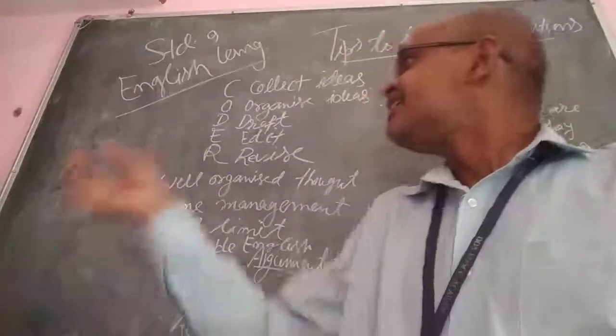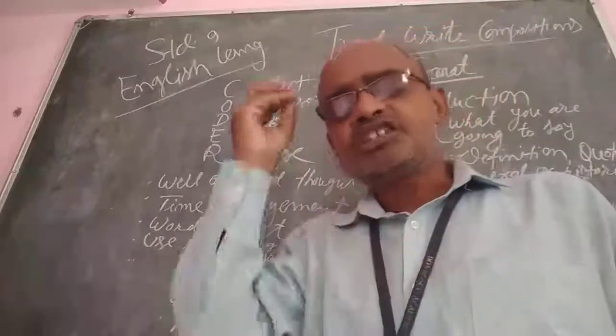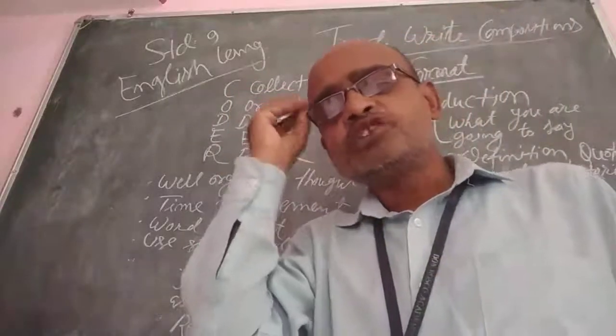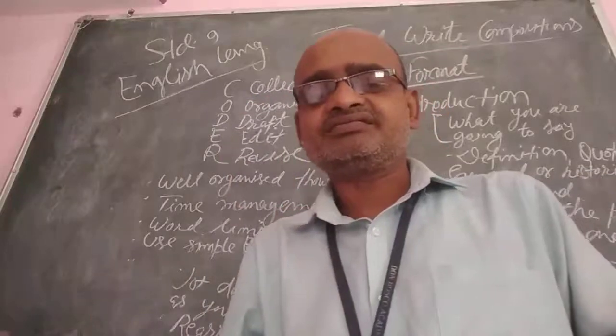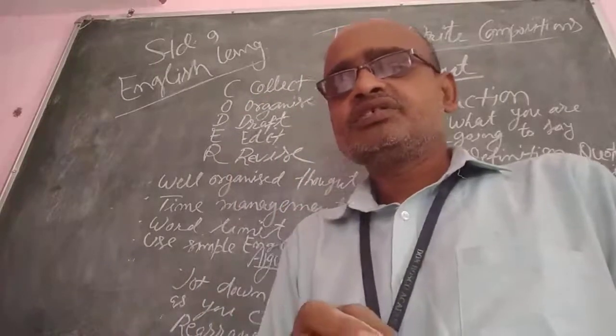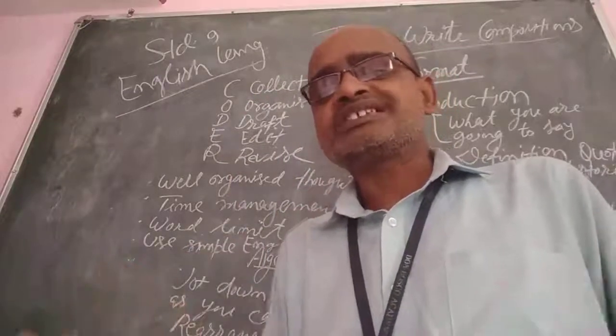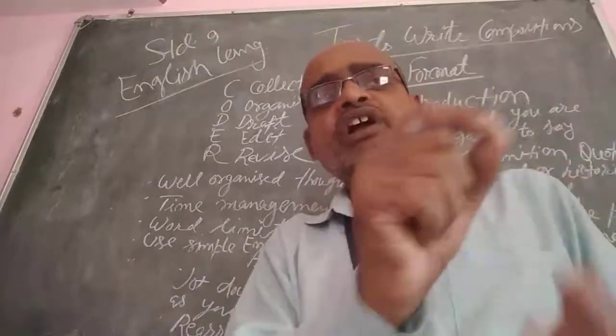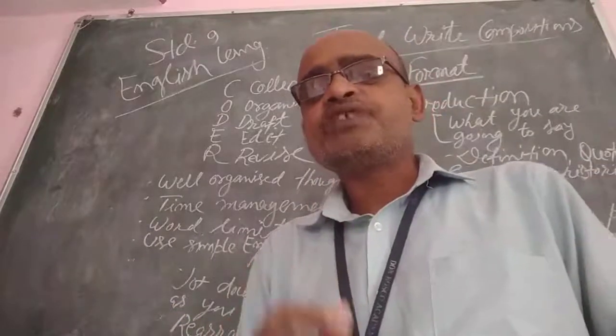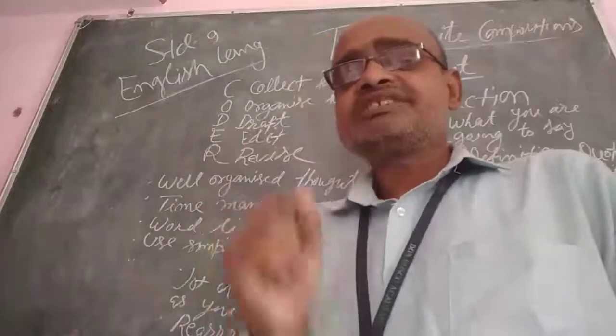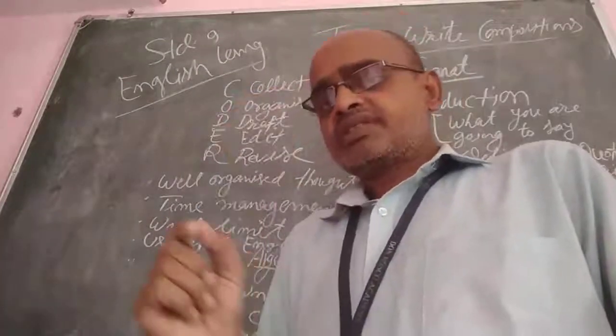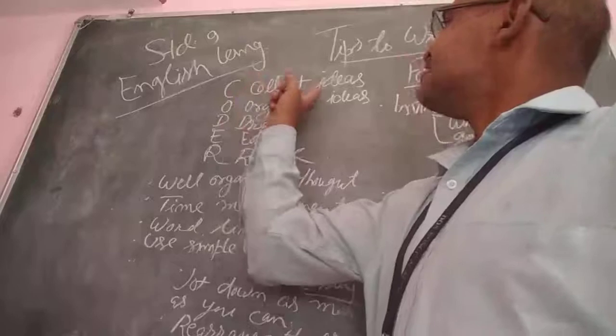Okay? And whatever thought comes to your mind, go on collecting. Clear? 1, 2, 3, 4, 5, 6, 10. Okay? Go on writing on a paper. This is very important and necessary. It's essential. Clear? So C stands for collect ideas.